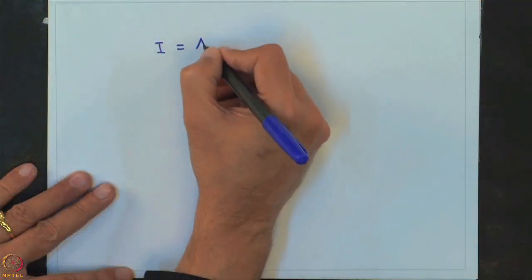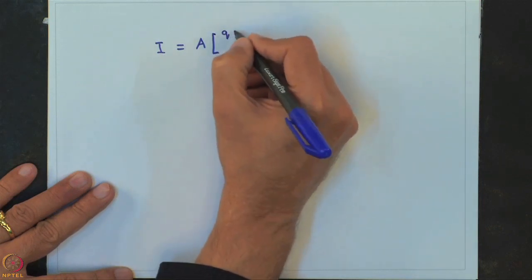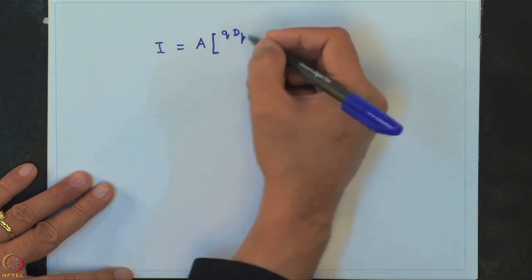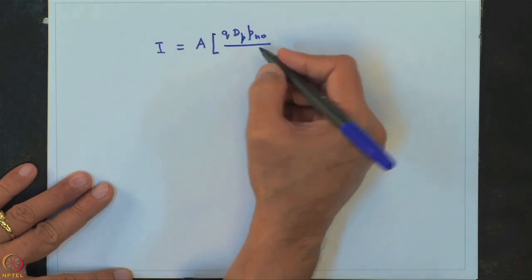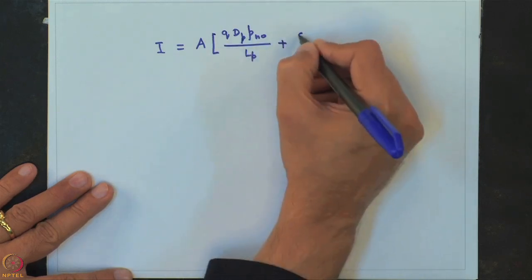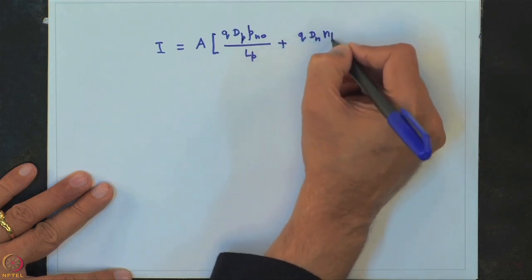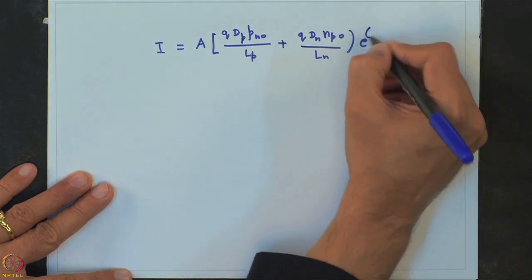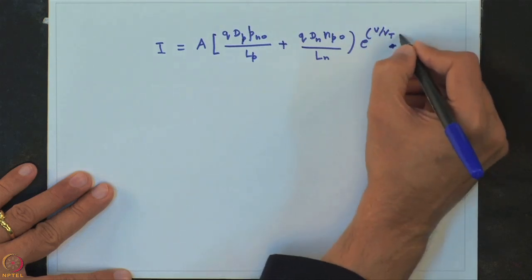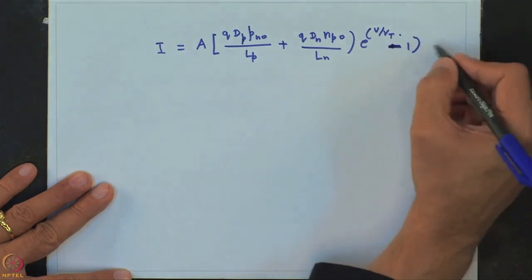Moreover, if A is the cross-sectional area through which this current flows, from the current density J we can get the absolute value of I. So we can write I equal to A times q Dp Pn0 divided by Lp, plus q Dn Np0 divided by Ln, times e raised to power V over Vt minus 1, and let us call this 7.